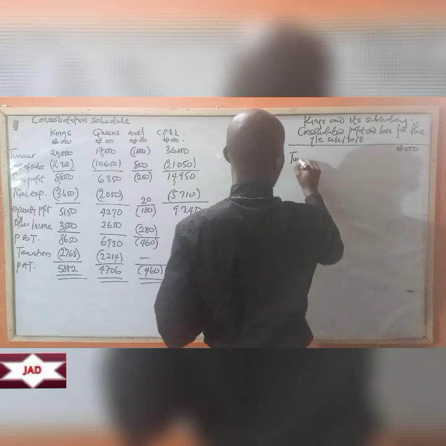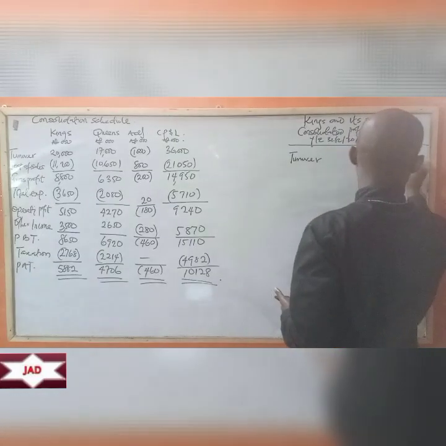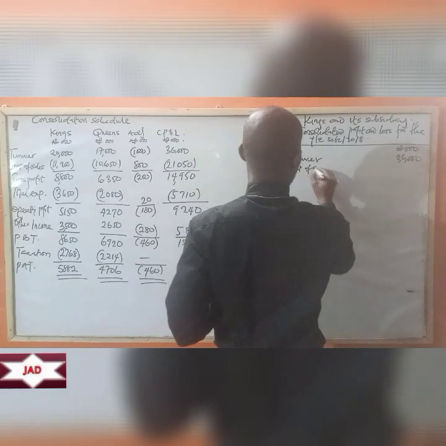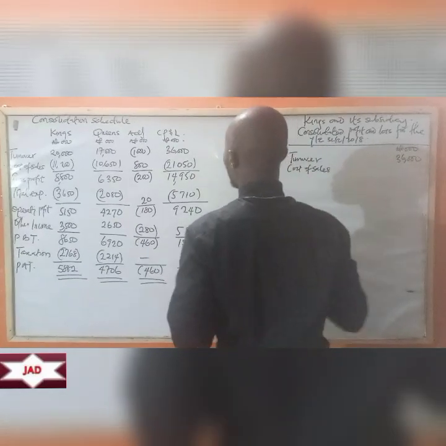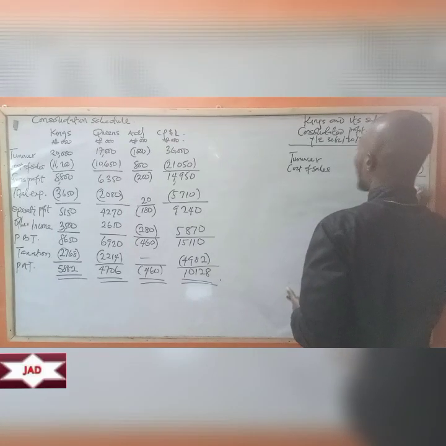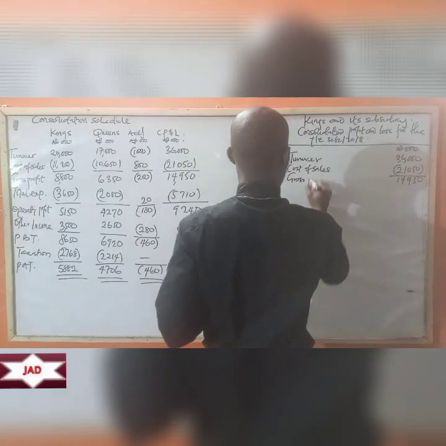So we have turnover as 36. Cost of sales 21,050 as 14,950. Gross profit.